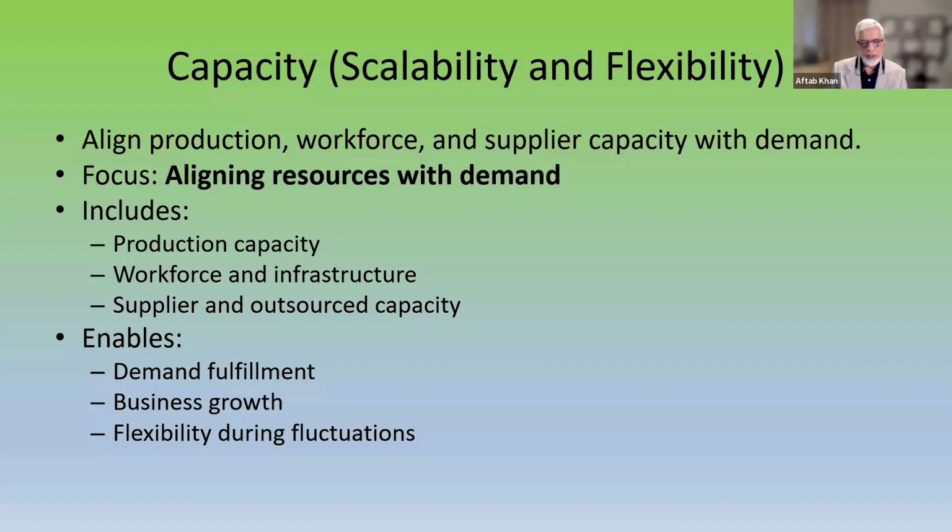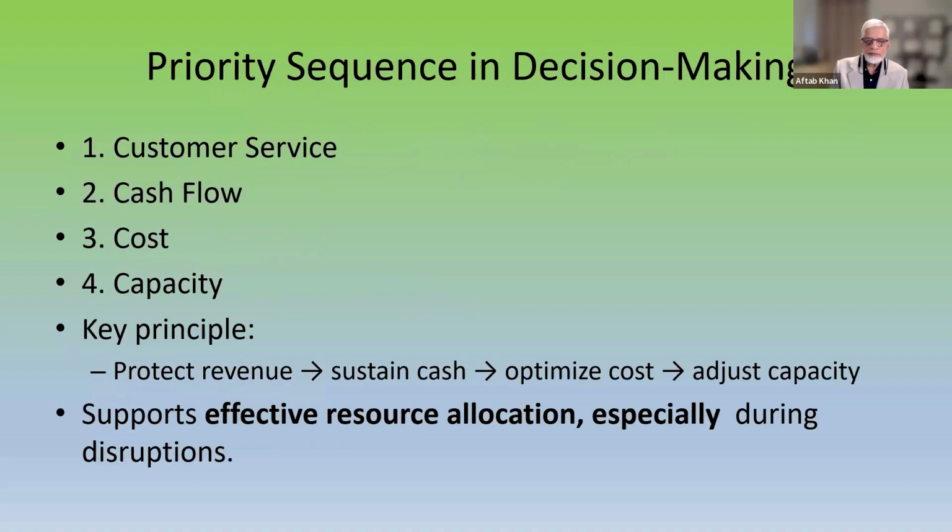Each year you have to take a fresh look and see how best we can improve it, aligned with business growth, starting again with demand fulfillment, customer service, business growth, and then flexibility during fluctuations. You are dealing with a product that is seasonal, or if not seasonal, has demand fluctuations. How do you manage that? What capacity profile do you have to handle that situation?